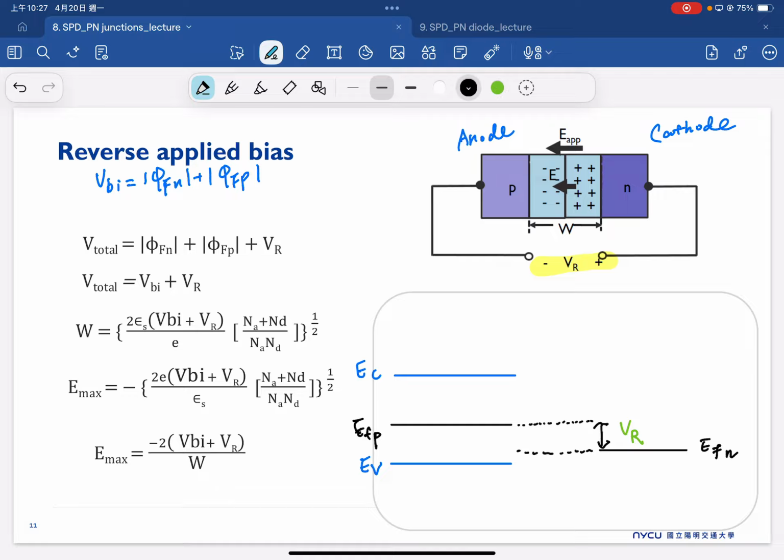So our conduction band will still be close to our EFN here, and far away from our EV. This is EC, this is EV here. And the EC and EV are still continuous in the system. So finally, we have this band diagram here.